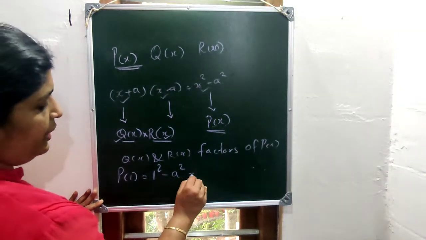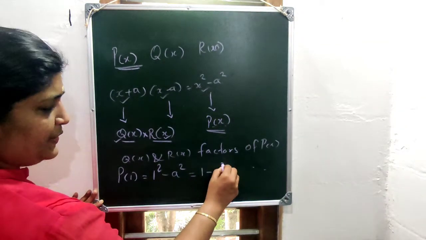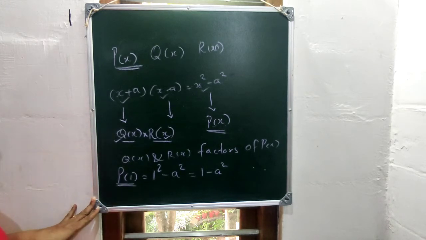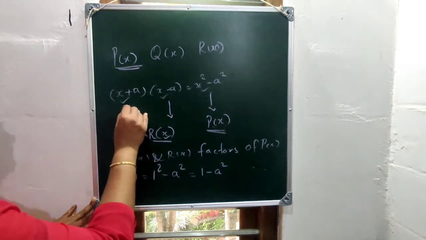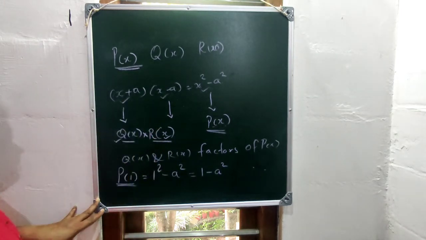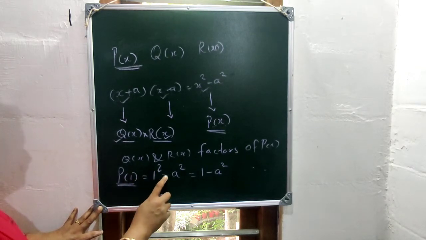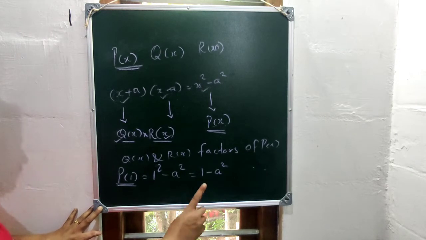What is 1 square minus a square? 1 minus a square, right? p of 1 is equal to 1 minus a square. And see here, children, here we have x plus a and x minus a. p of 1 is equal to 1 square minus a square, that is equal to 1 minus a square.